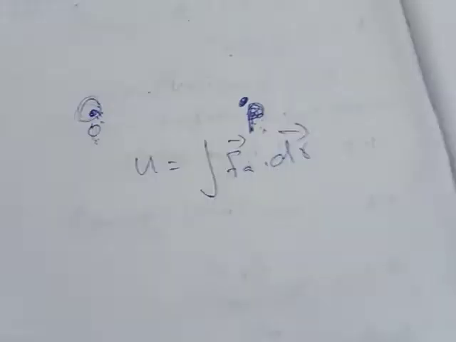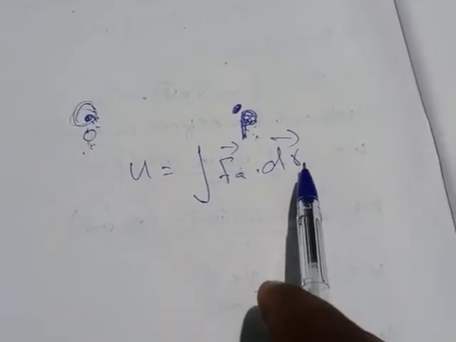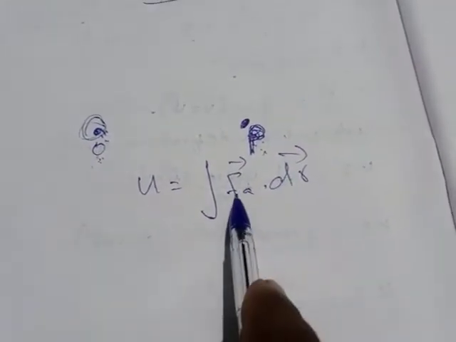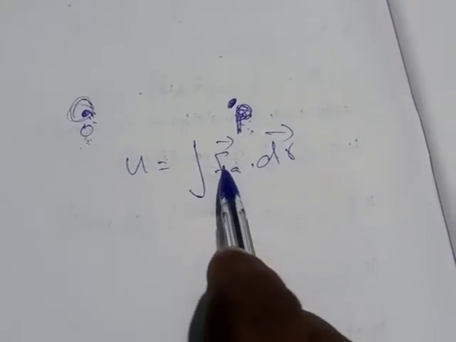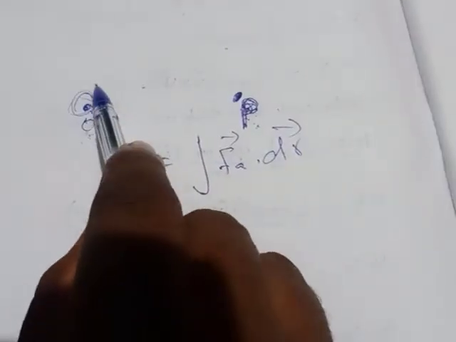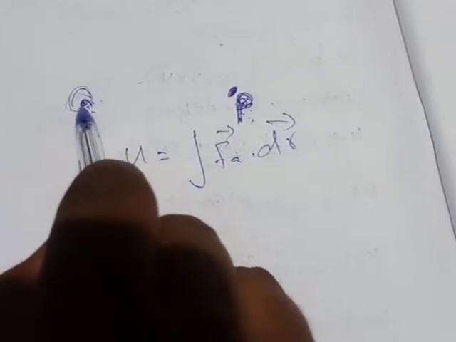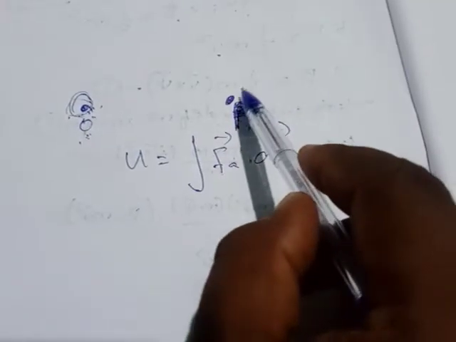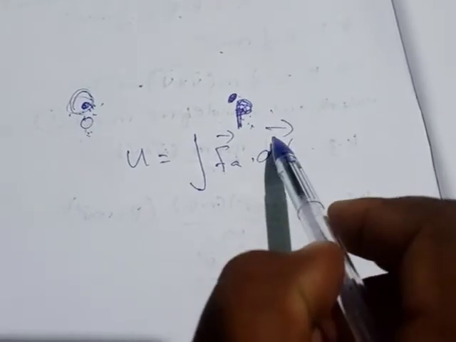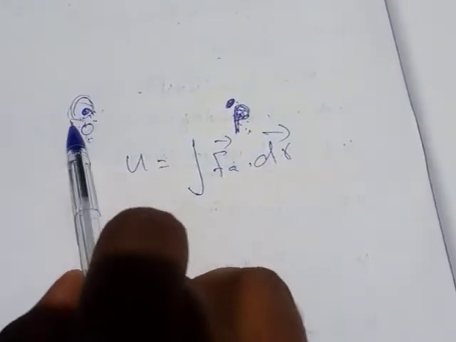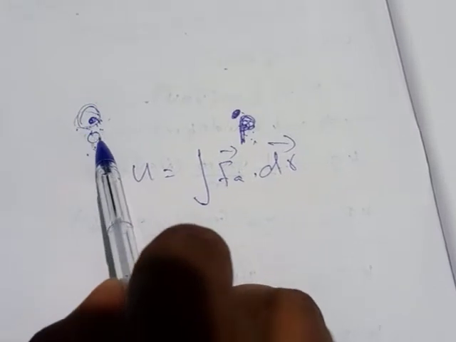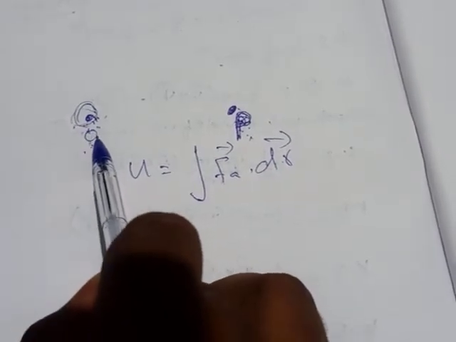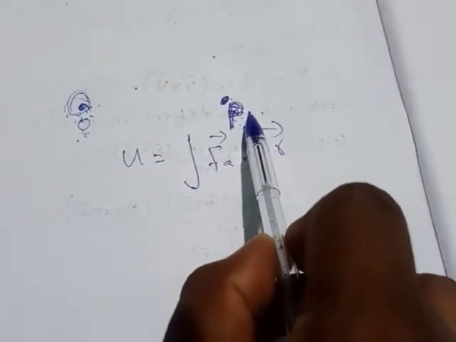And what is this Fa? It is an external force which is used to move this object from the initial position O to the final position P. And what is this dr? It is a displacement. You can see that it is displaced from this position to this position.